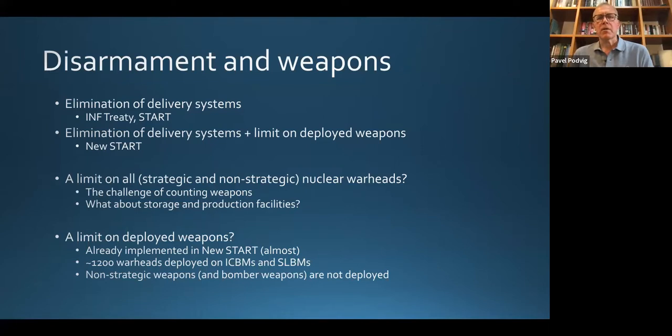It's almost because the bombers are a category on their own, but the reality is that we have roughly about 1,200 warheads deployed on ICBMs and SLBMs, and all other weapons are not deployed.